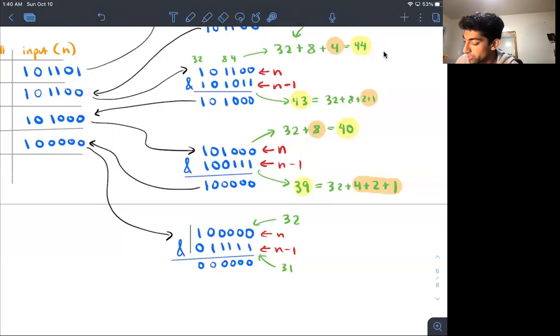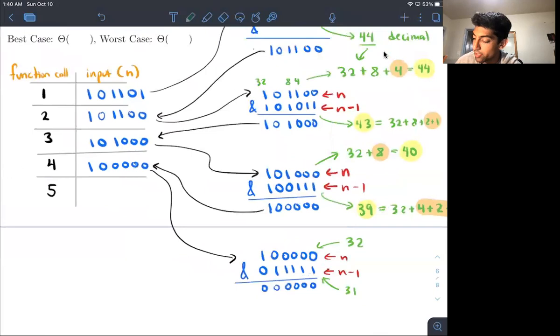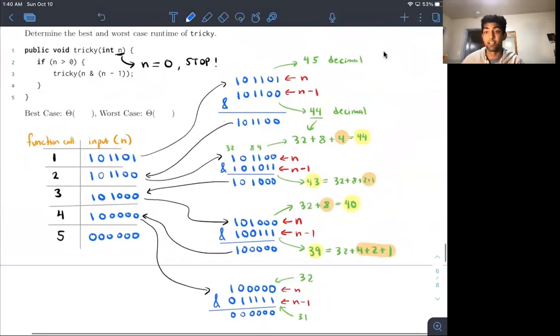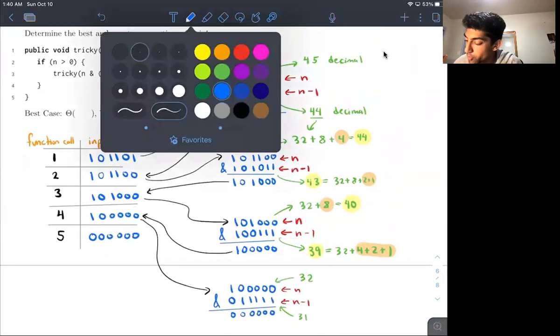Both of these numbers are completely flipped now, right? So what we'll see is that the fifth time around, our input becomes 0. And now that we've walked through this really thorough example, let's draw some cool conclusions.